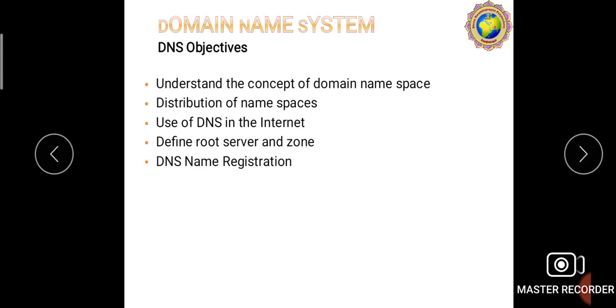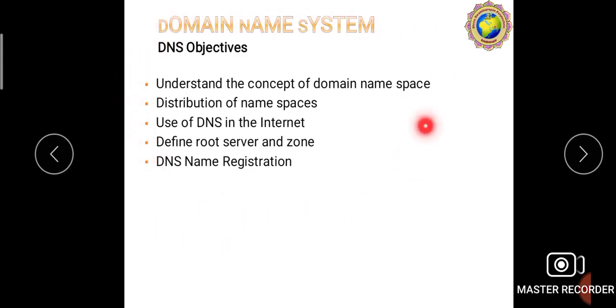Then the distribution of various types of namespaces, the use of DNS in the internet, defining the root server and its zone, and last, DNS name registration. So this is our DNS objective.